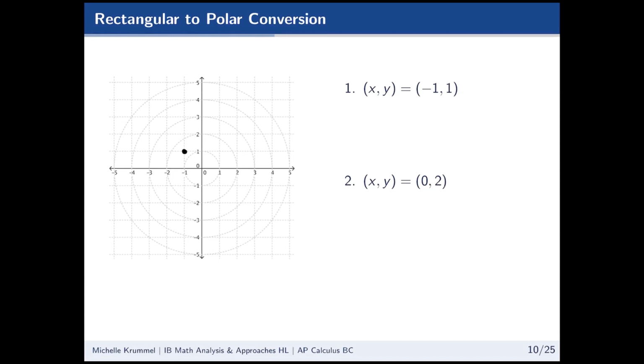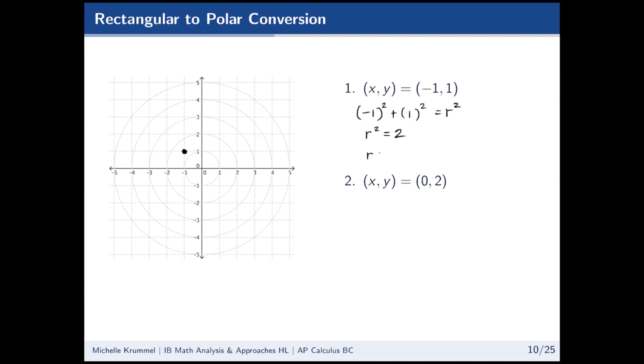But let's use our conversion equations. So we have the equation that tells us x squared plus y squared equals r squared. And this tells me that r squared equals 2.